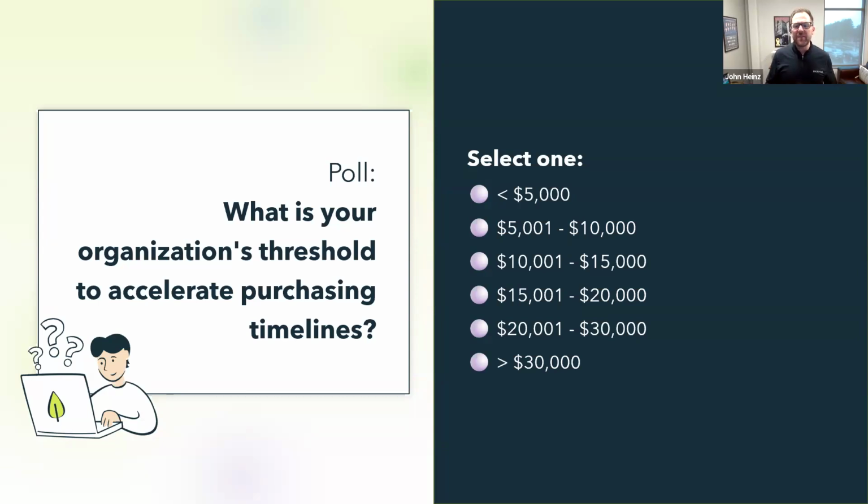So do you have the ability to purchase up to a certain dollar amount? This one in particular is of a lot of interest to me because we see a wide varying degree of this. We have some organizations that say every purchase has to go through some level of scrutiny, and others that say, hey, our threshold's 10,000.